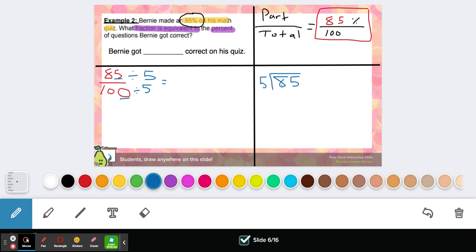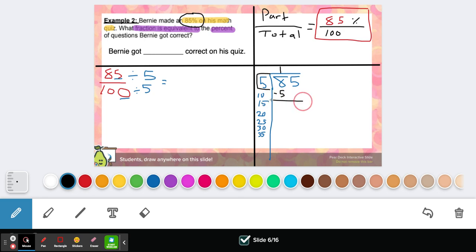So, let's count by 5s: 5, 10, 15, 20, 25, 30, 35, and I'm going to stop there. 5 can go into 8 once, because 5 times 1 is 5.